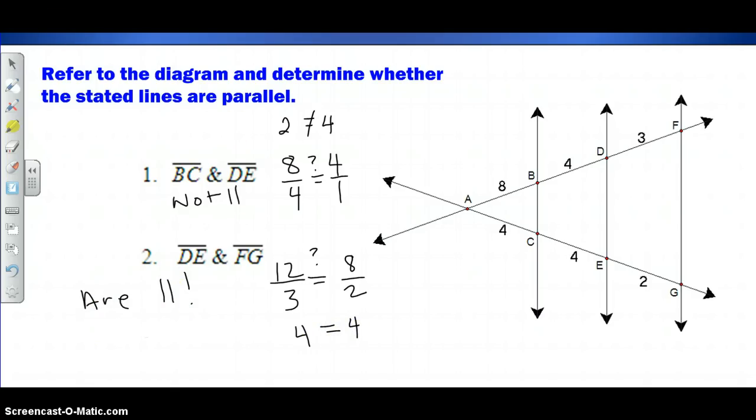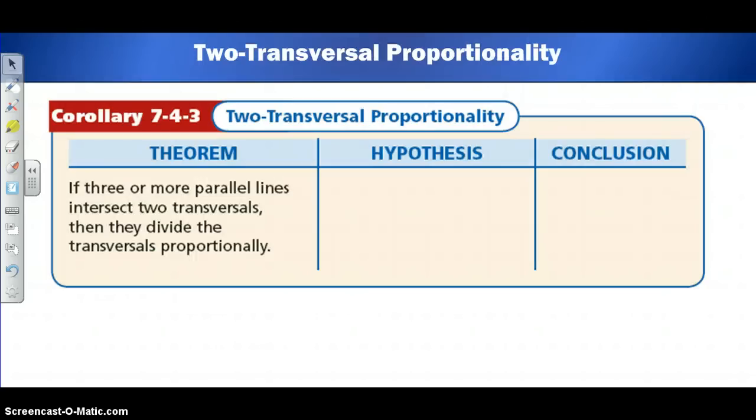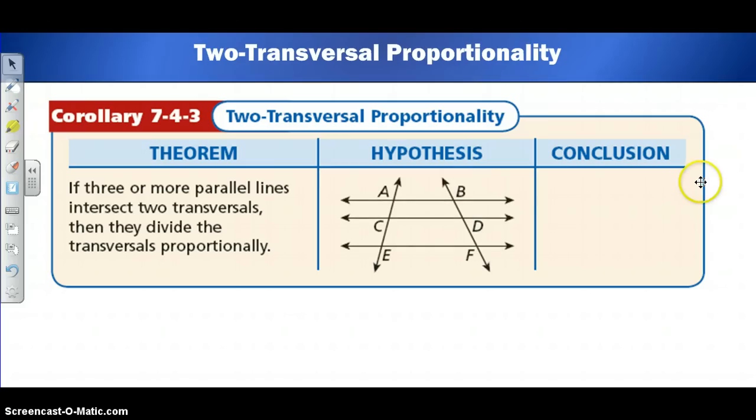Here is another theorem. It's called the two transversal proportionality theorem. It's actually a corollary. It says if three or more parallel lines intersect two transversals, then they divide the transversals proportionally. So here's a picture of that. And notice that I have two transversals.